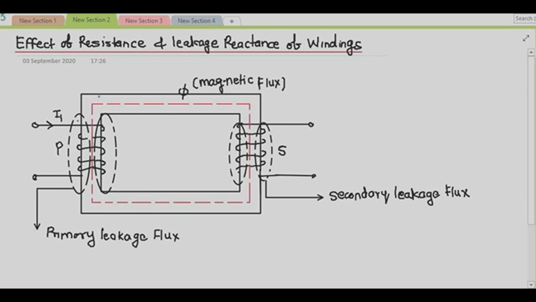This is the flux of the primary which is linking with the secondary. Most of the flux completes its path through the magnetic core, but some of the flux will complete its path through the air rather than passing through the magnetic core, and such flux is called primary leakage flux.